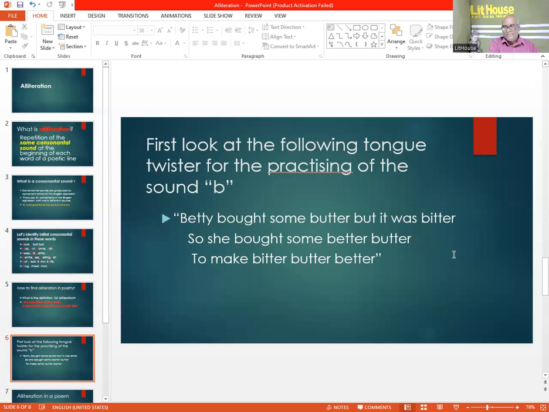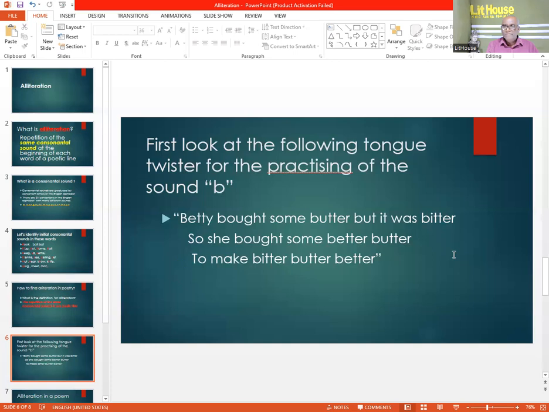Now look at this. This is a tongue twister. What is the meaning of tongue twister? Tongue twisters are used in language classrooms to train the students who have difficulties in pronouncing certain sounds of English.